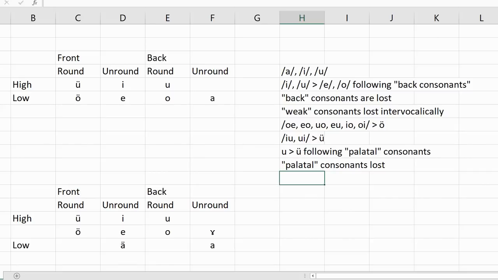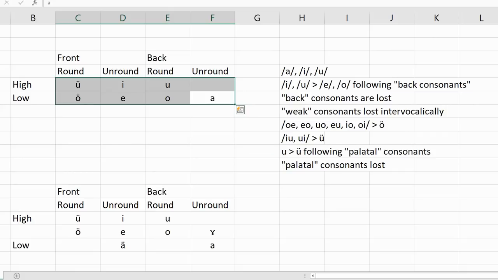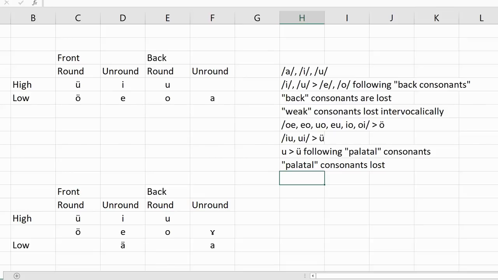Okay, so those are the vowel changes that bring us to this inventory, but keep in mind this is before vowel harmony has actually taken place. It would only be at this point then when vowel harmony actually kicks in. And I think I might go ahead and just say rounding harmony only affects low vowels.